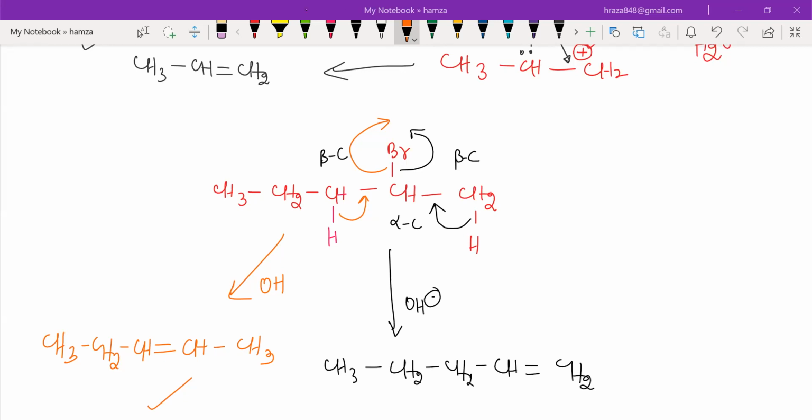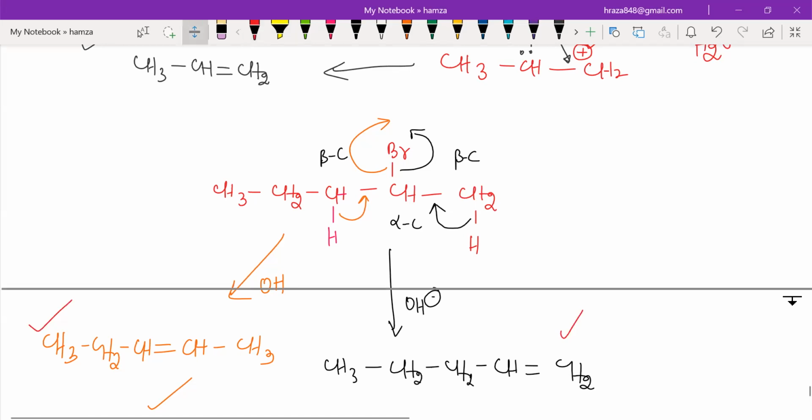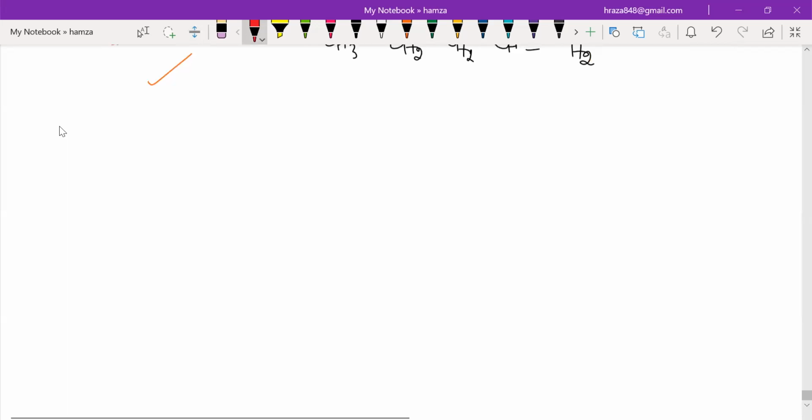Very good. Now see which one is more stable, which one is the major product, and which one is minor. That will be decided by Saytzeff's rule. And what does this Saytzeff's rule say? I'm going to write it. It is very easy.